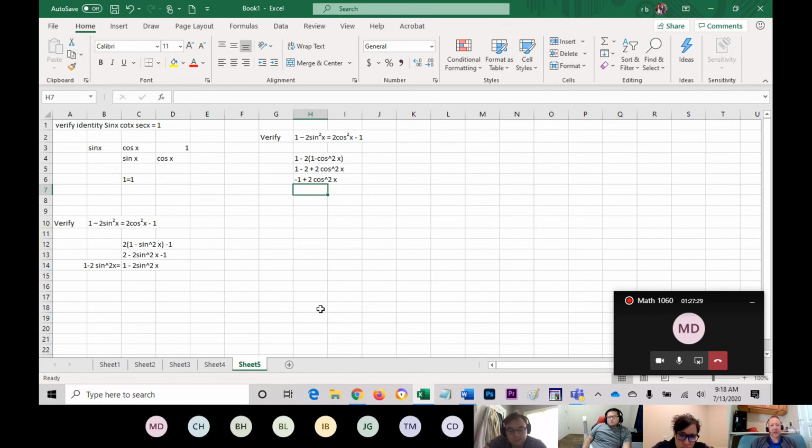If I flip the order, I'm going to get 2 cosine squared of x minus 1 equals what's right here. Oh, except I forgot to put the minus 1 over here. Sweet.